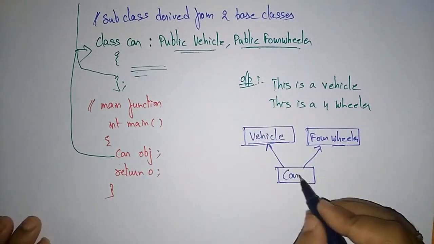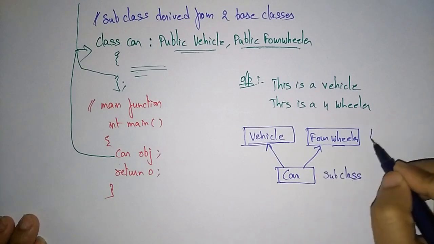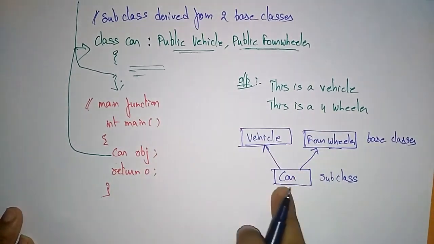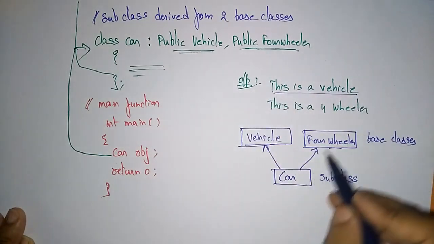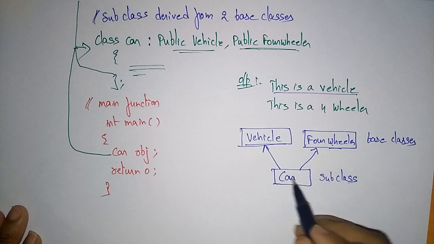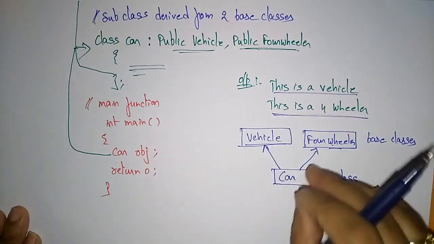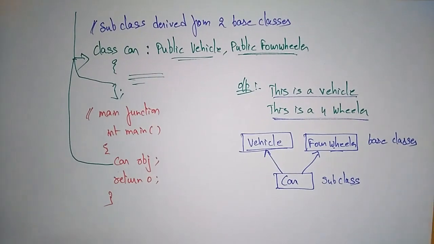This car, a subclass or derived class, is inheriting the properties of the base classes. Okay, so it enters into vehicle and prints the message "This is a vehicle", and whatever message is there in four-wheeler will be printed here. Meaning it is reusing the code. This derived class is reusing the code. So this is the multiple inheritance. In the next video we will see some more different types of inheritance. Thank you.